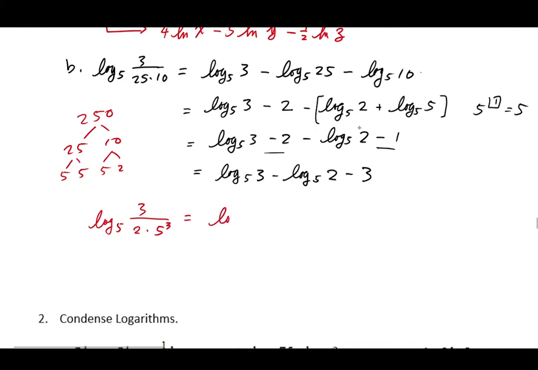So this will be log base 5 of 3 for the numerator, and the other two become negative. So minus log base 5 of 2, and then another minus log base 5 of 5 to the third power.